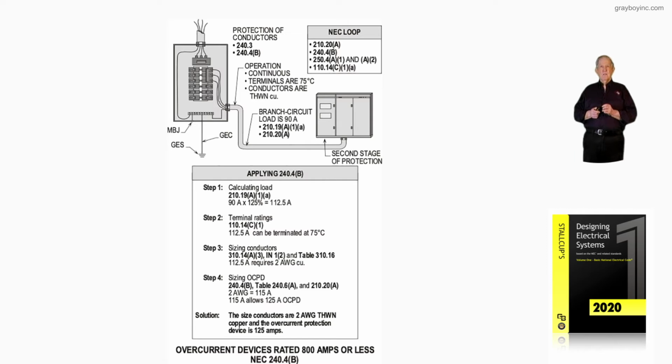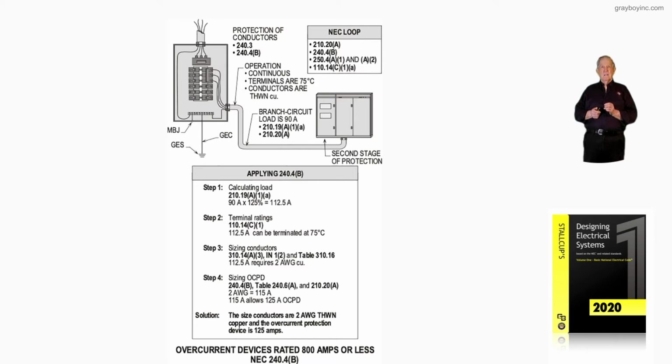Now, 110.14(C)(1) states we could use the 90-degree column insulation, say THHN, but we'd have to terminate it at the 75-degree or 60-degree column after derating based upon where in the 110.14(C)(1)(a) or (b) did the device fall.